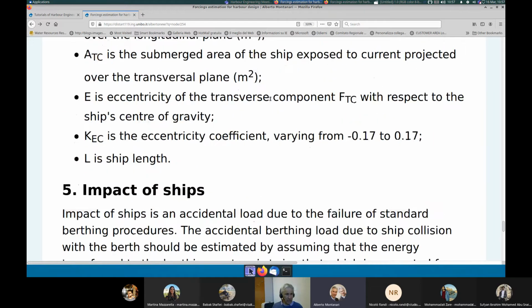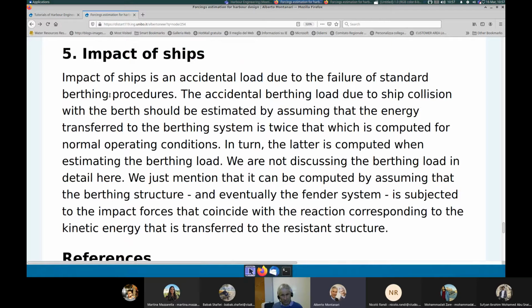Okay, there is just a very short mention of the impact. When you design a berth, you also have to take into account the possibility of impacts between berthing ships and the berth structure.